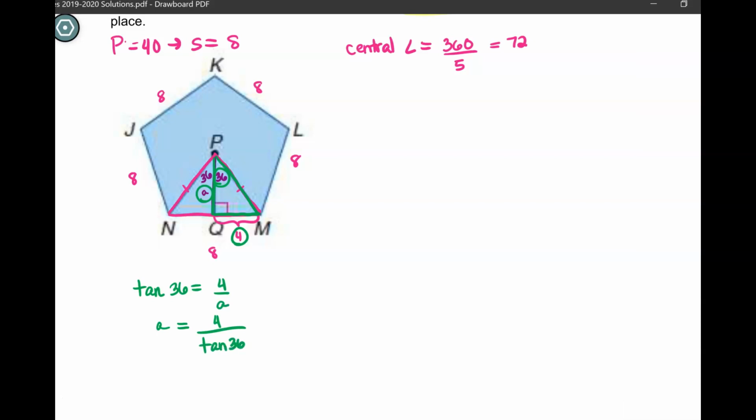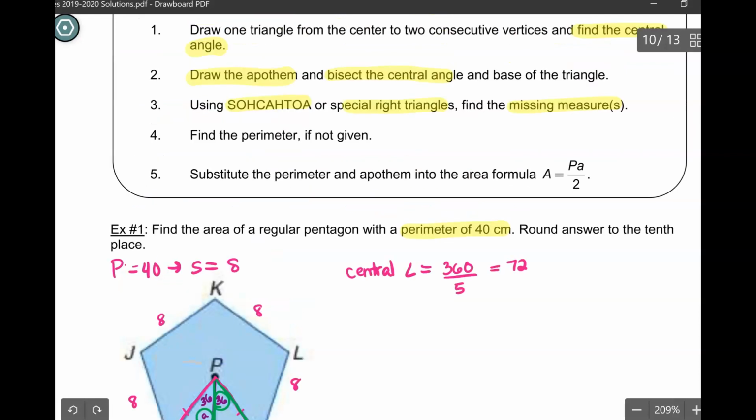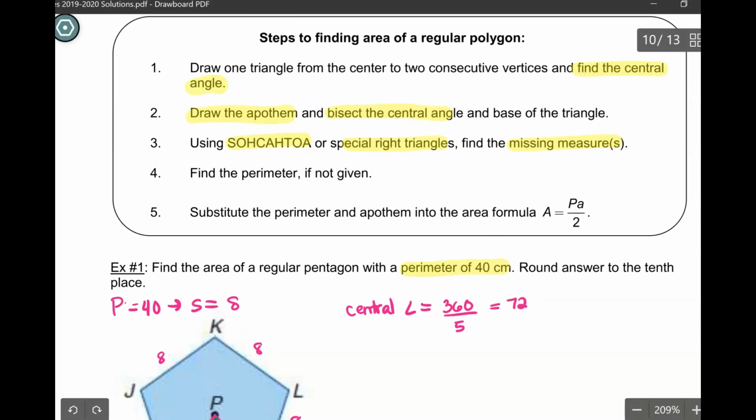So I'm going to divide, and I get A, going to the 100th place, 5.505, so 5.51.